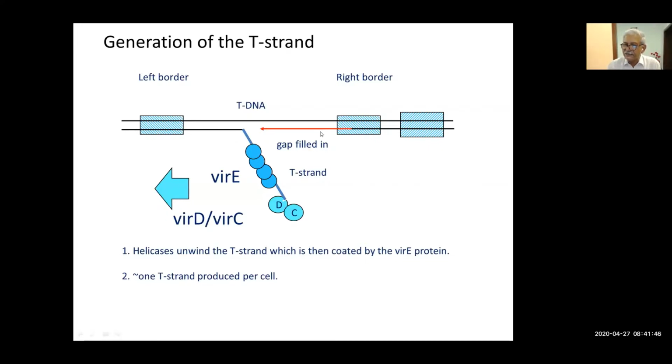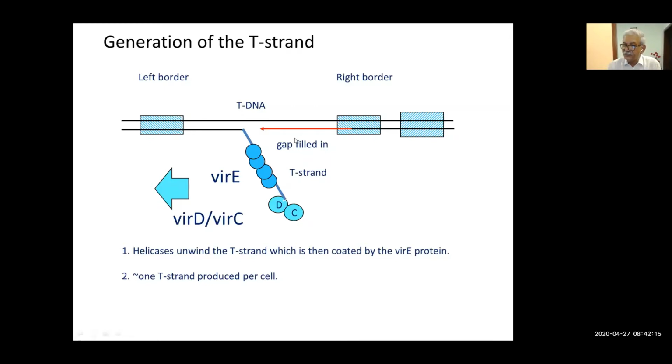The helicases detach the strand from the other strand, okay, and then VirD2 again produces a nick here and separates the single-stranded DNA fragment from the DNA. Obviously, this red arrow shows that the DNA polymerases come in and again make it double-stranded. So the plasmid remains double-stranded after releasing this tDNA.